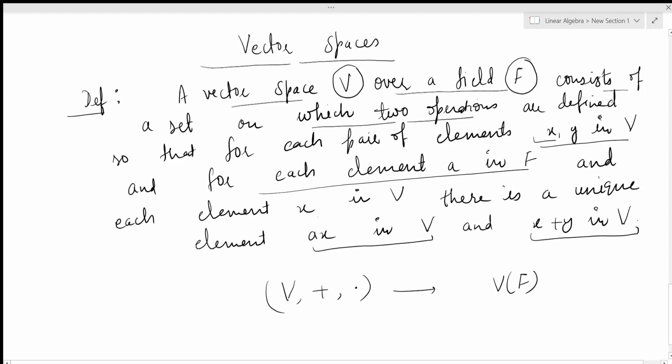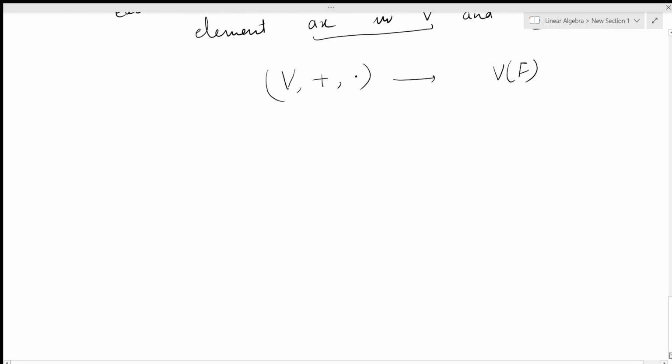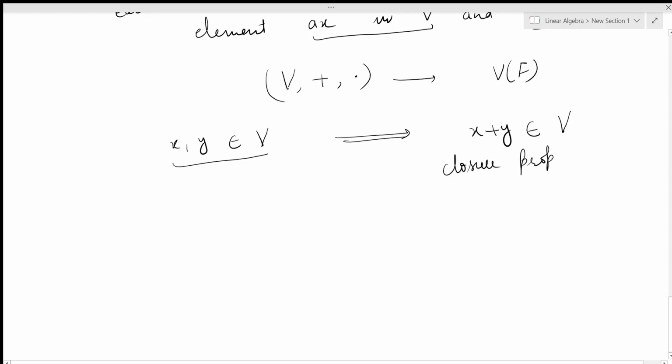So if x and y belong to V, there are two vectors in V, this implies x plus y also belongs to V. This is the closure property with respect to addition, the first operation.